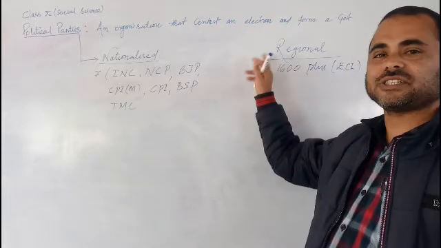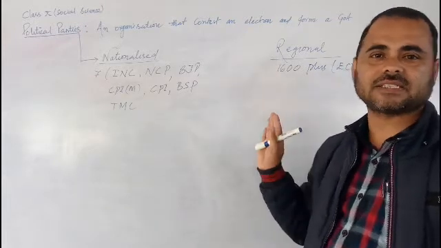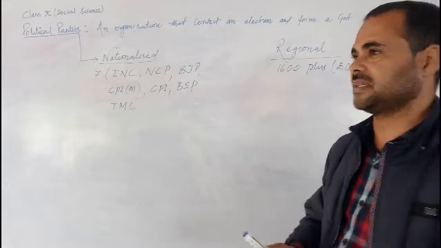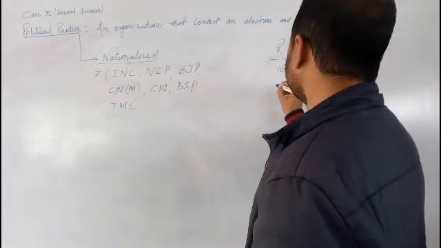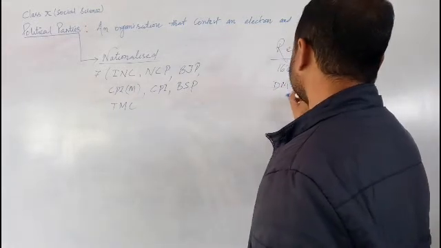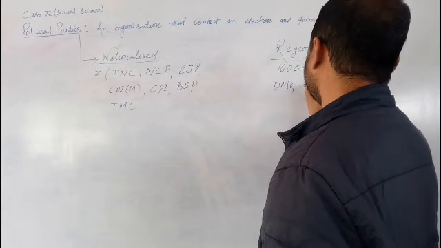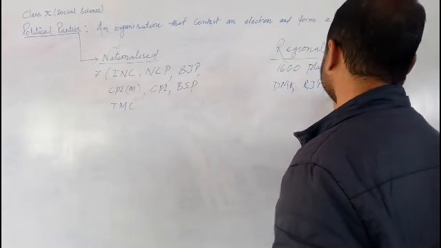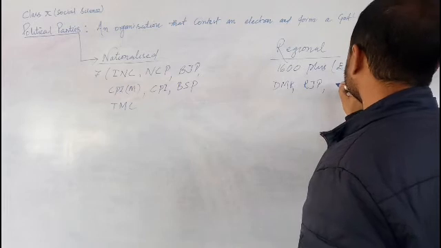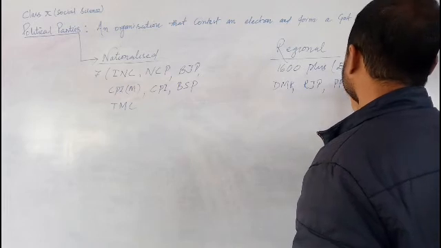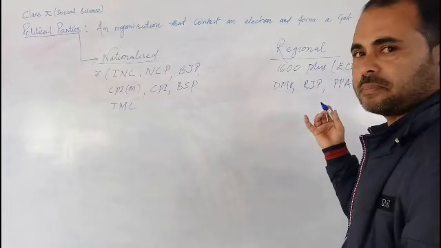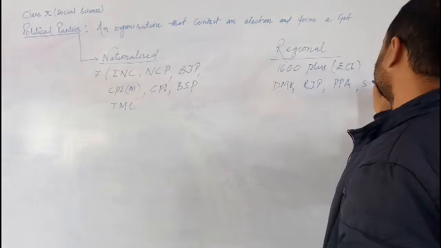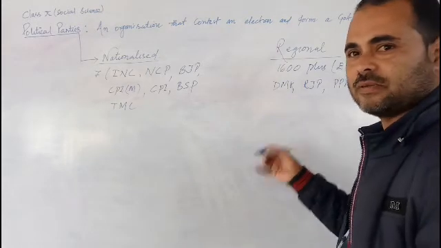They contest election in some region or some state. That's why they are called regional political parties. We have DMK, RJD, we have PPA, that is People's Party of Arunachal Pradesh, we have Shiv Sena in the western part.